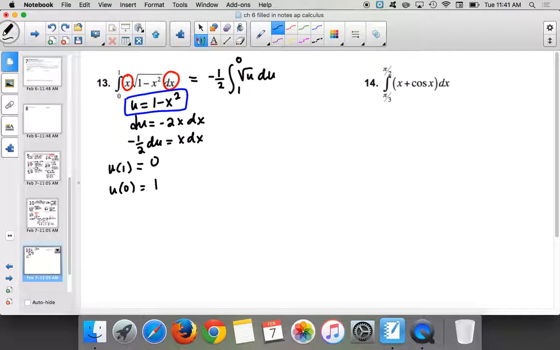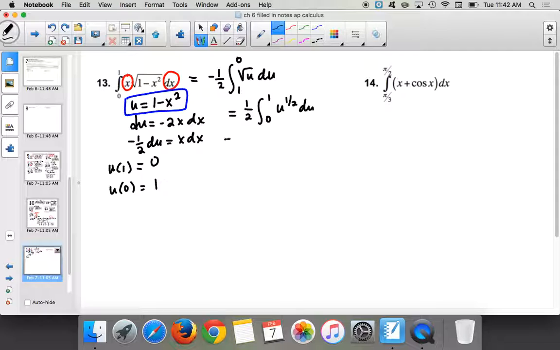If that bothers you that they're upside down, remember what you can do? You could flip it and make it the opposite sign. So instead of having negative 1/2, I could make that 1/2 from 0 to 1. So u to the 1/2 du.